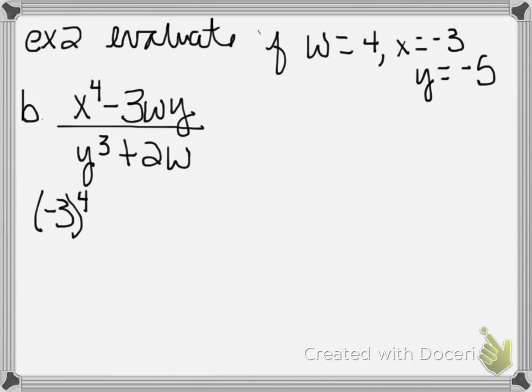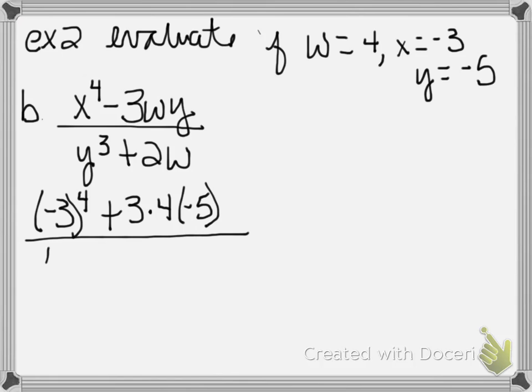The base is not 3, the base is negative 3. And we're going to plug in 4 for w and negative y. I'm going to change that positive to negative in just a minute. And then plug in negative 5 for y. And again, because it is a power and my base is negative 5, I have to enclose that in parentheses.